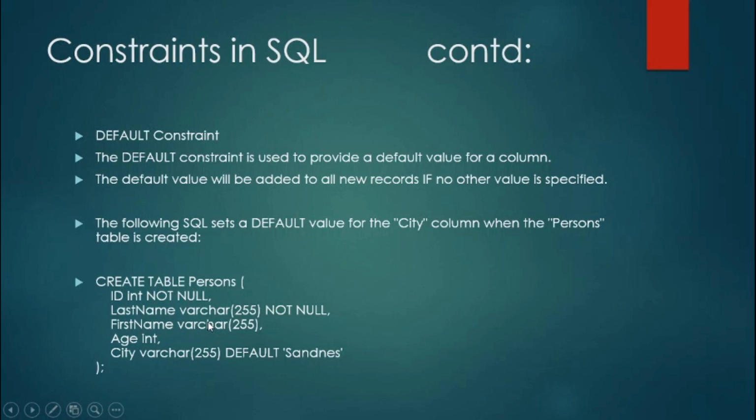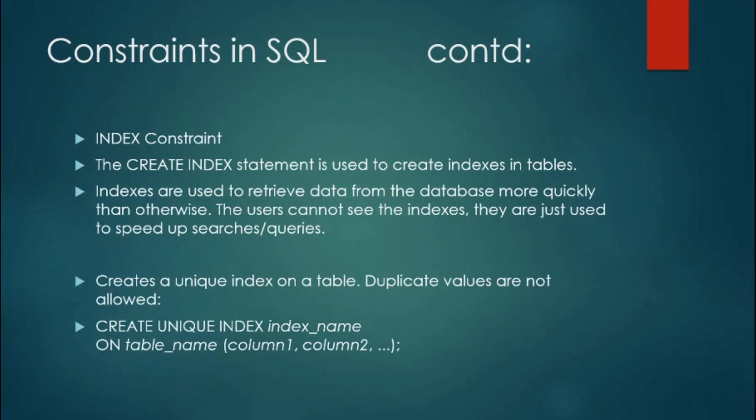First name is varchar, that is an optional field. Age again is an optional field. But here you can see that for city a default constraint is declared. It means that if you are not providing any value to this city column, then it will by default populate as Sandnes. Okay, so this was about the default constraint.